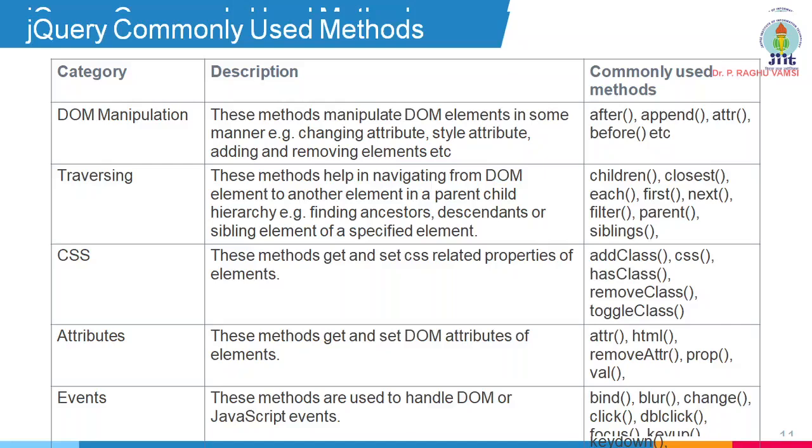Events: these methods are used to handle the document object model or JavaScript events like bind, blur, change, click, double click, focus, key up, key down. These are the various functions used for event handling.